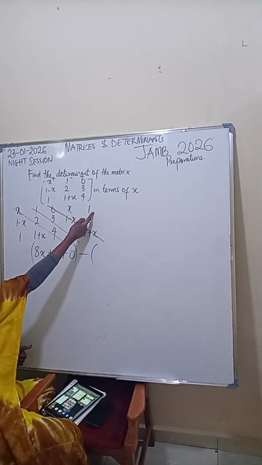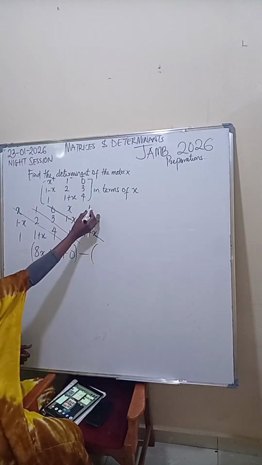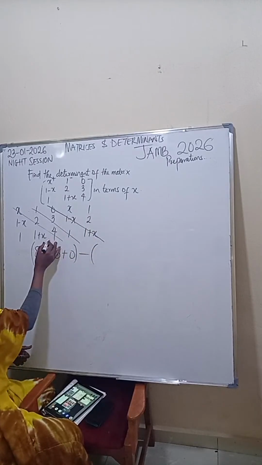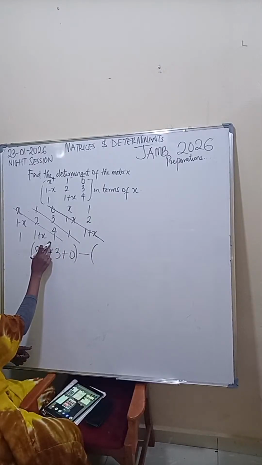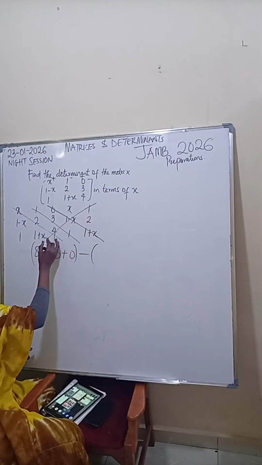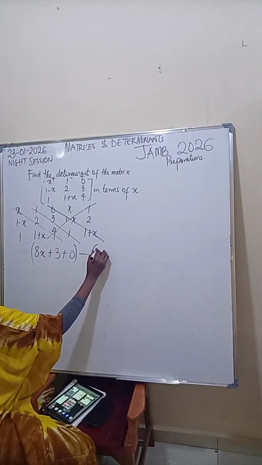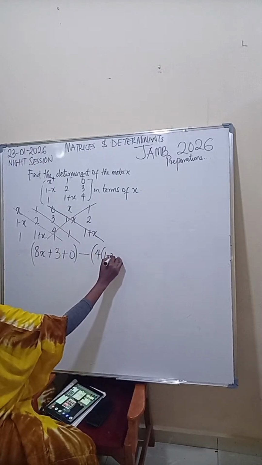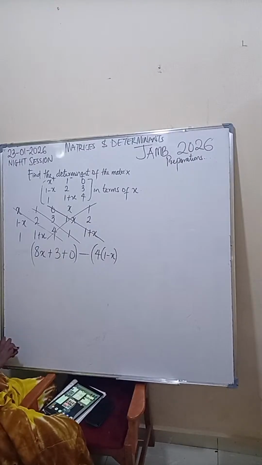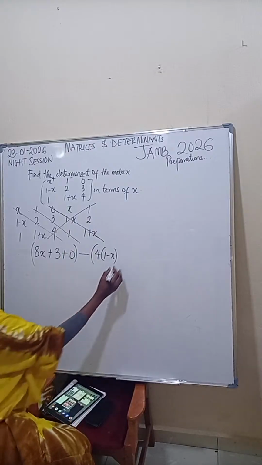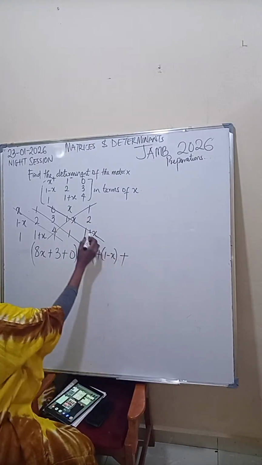So that means I'll be having 1 minus x up to 4, like this. So this will give me 4 open brackets 1 minus x, right? Okay.